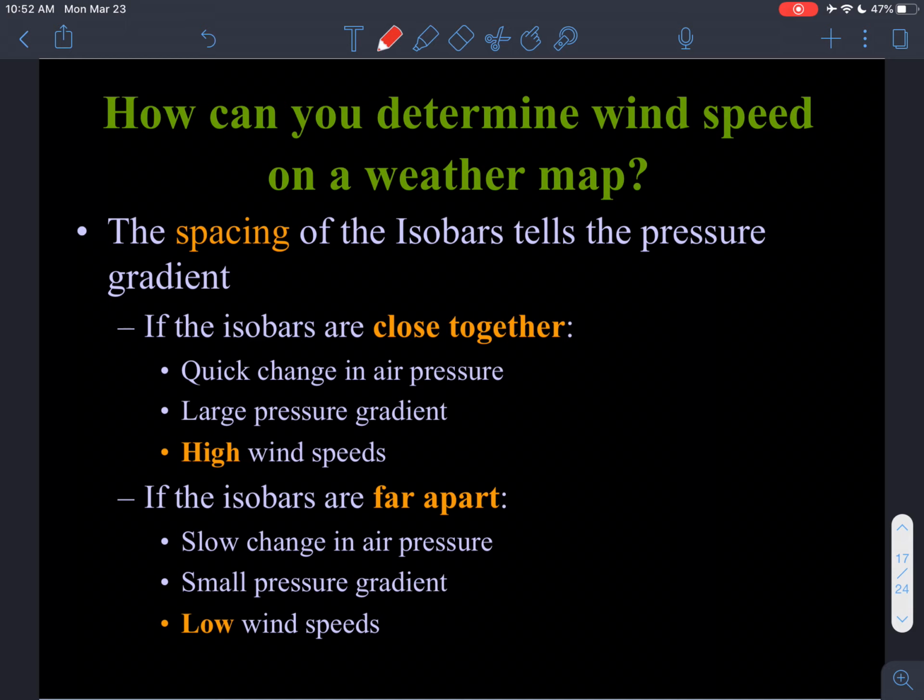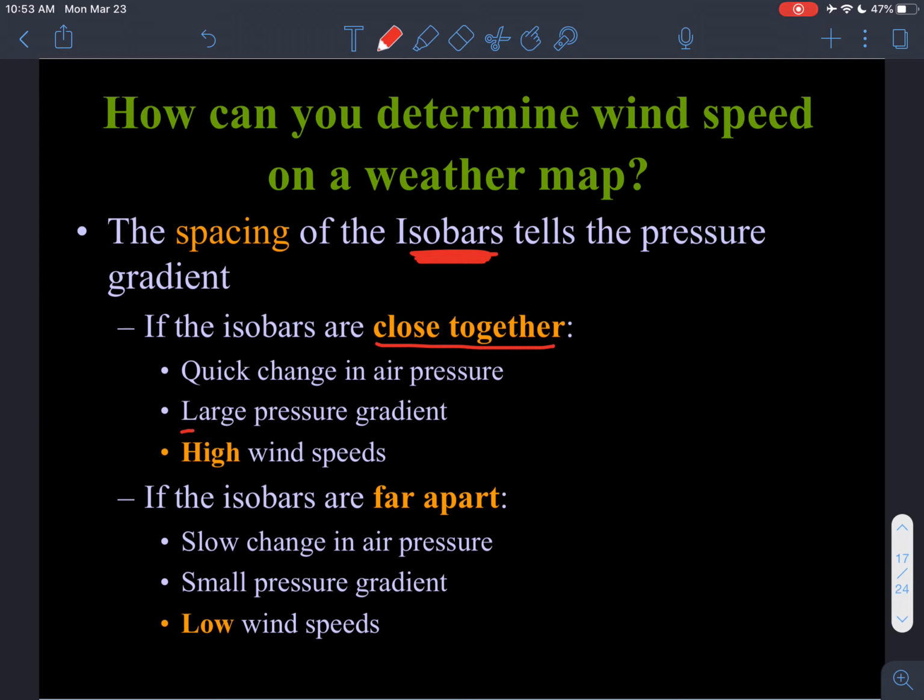Now, when we look at air pressure on a map, we can look at the isobars. Remember we said isobars for barometric pressure. The spacing between those isobars can tell us if the winds will be moving quickly or slowly. I know this is a lot, but if the isobars are close together, then you're going to have a big change in the air pressure.